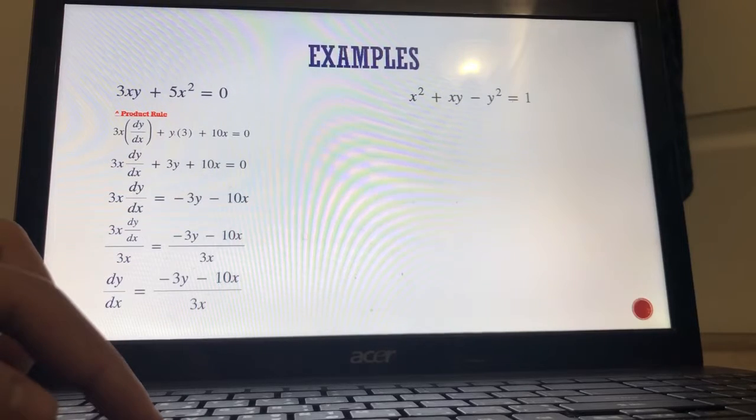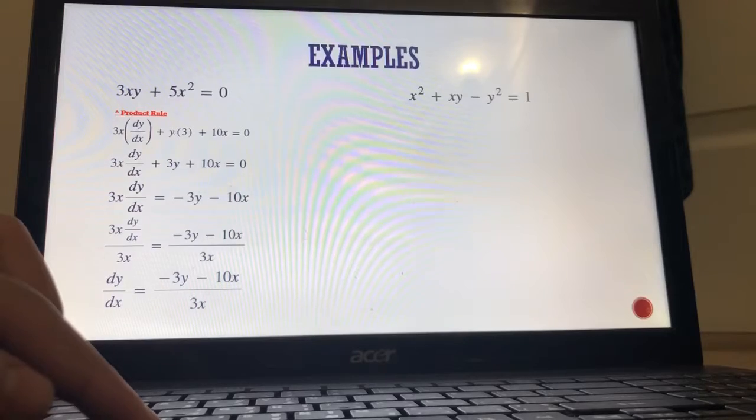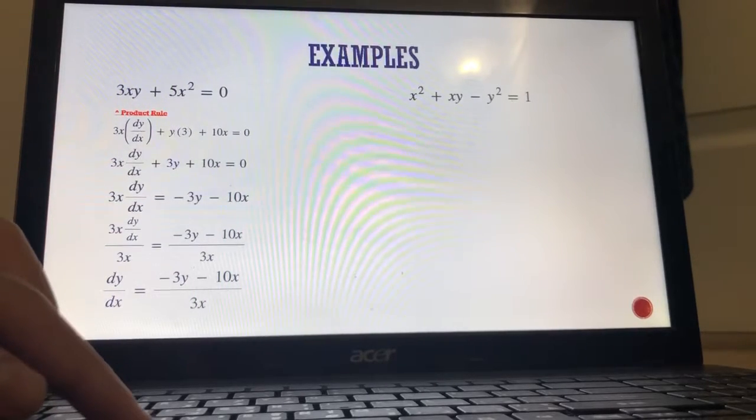For our second example, we're going to do x squared plus xy minus y squared equals 1. Again, xy would require us to use the product rule.